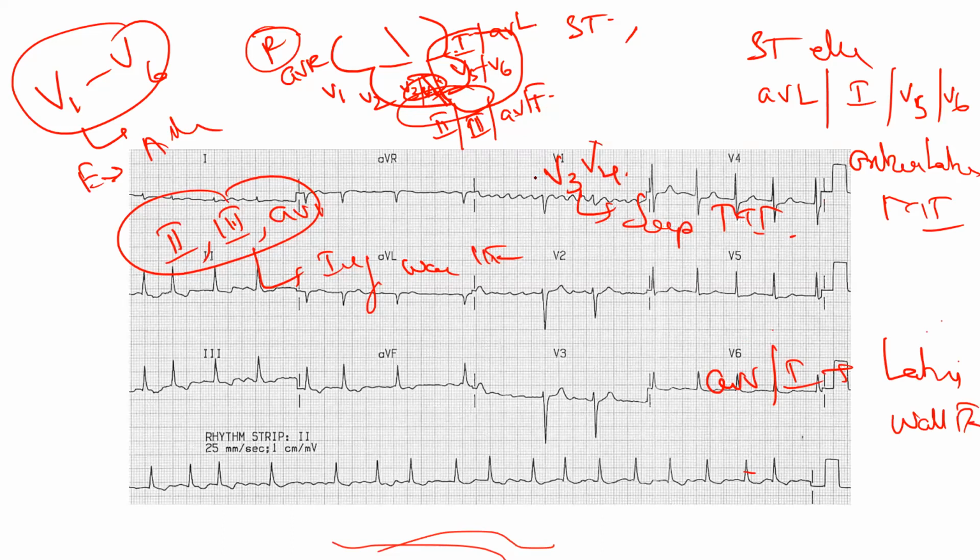If you see changes in V3 and V4, which are facing the septum, septal MI. If you see 2, 3, AVF, it is inferior wall MI. If it is V1 to V6, because they're facing the anterior part of the heart, it's extensive anterior wall MI. So depending upon which direction the lead is looking at the heart, you get the ECG changes in that particular lead.